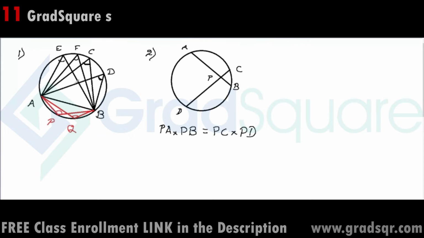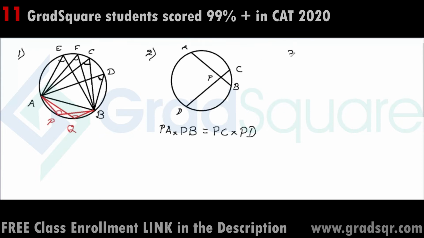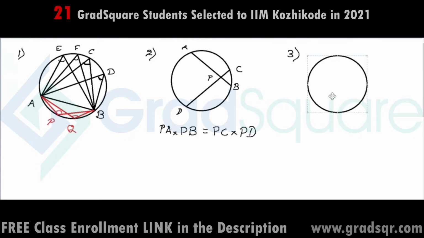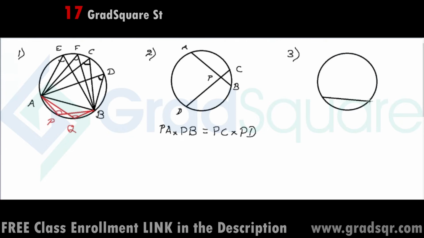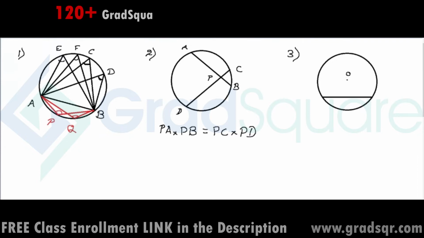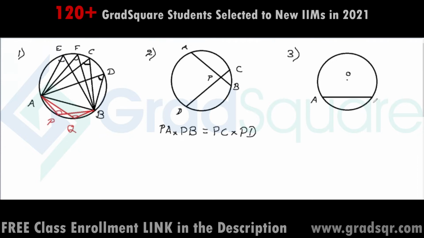That's the second theorem in circles. Third theorem in circles is a very famous theorem. We have all studied this theorem in school. So suppose I have a circle, let me take a chord inside the circle. And suppose the center of the circle is O. And suppose this chord is AB.